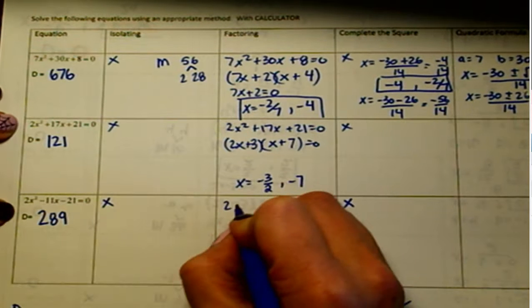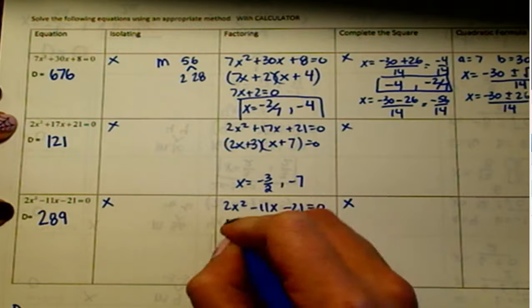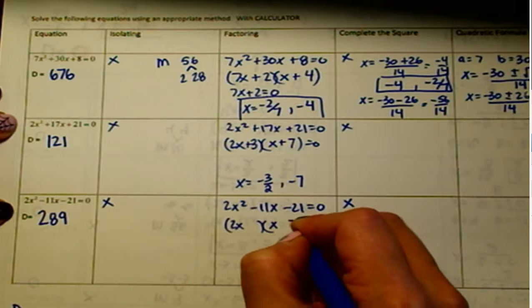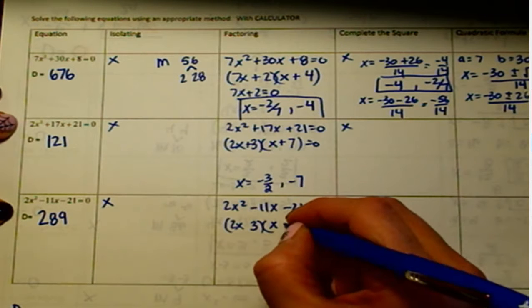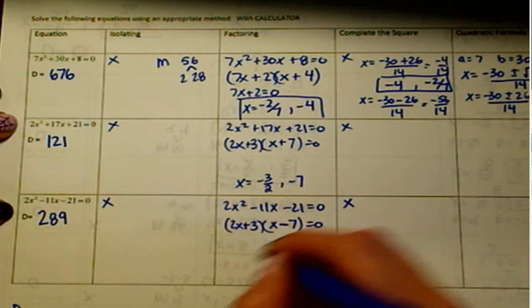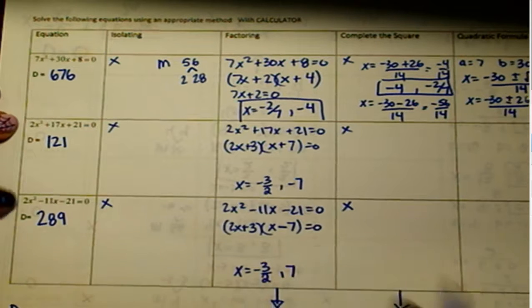Okay, this problem also factors, and it factors 2x, x. So it's actually the same numbers, but different pluses and minuses. So this is minus and this one's plus. And so we end up with negative 3/2 and 7.